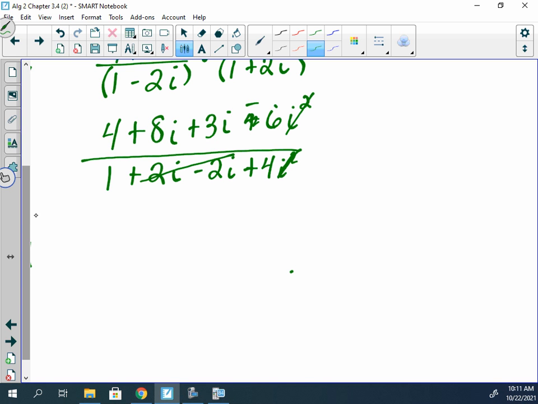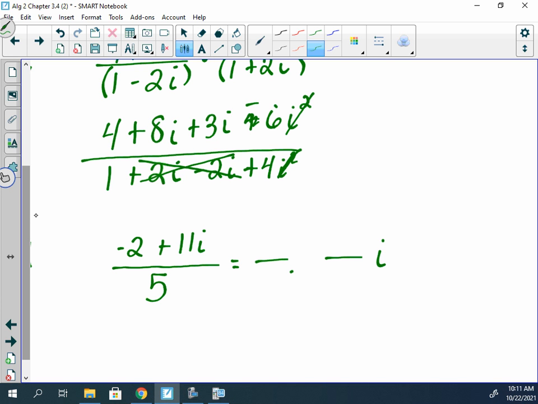And yes, the 2i and negative 2i in the denominator would cancel out. 1 plus 4 is 5. In the numerator, 4 minus 6 is negative 2, and 8 plus 3 is 11i.